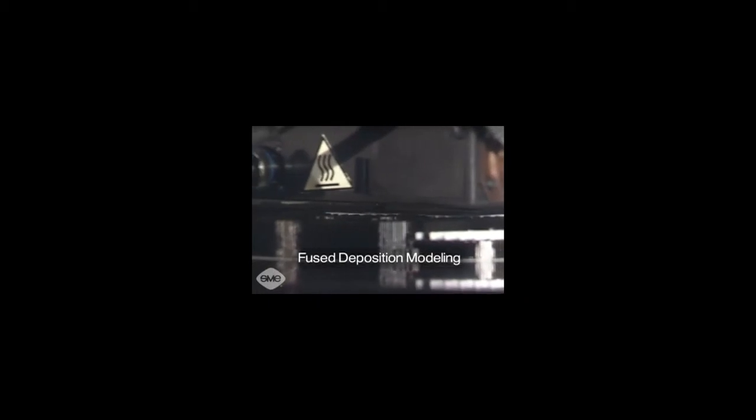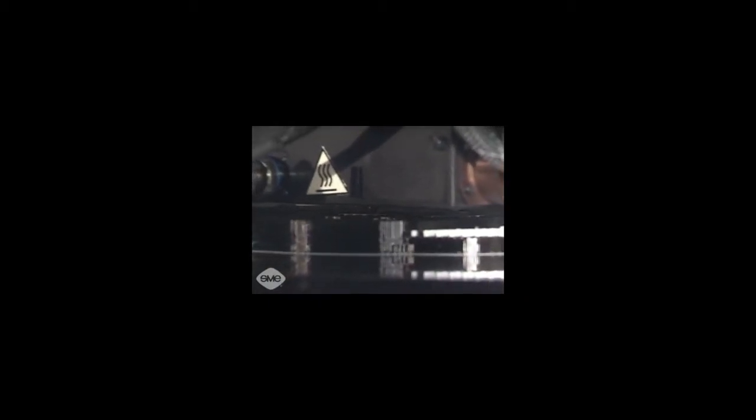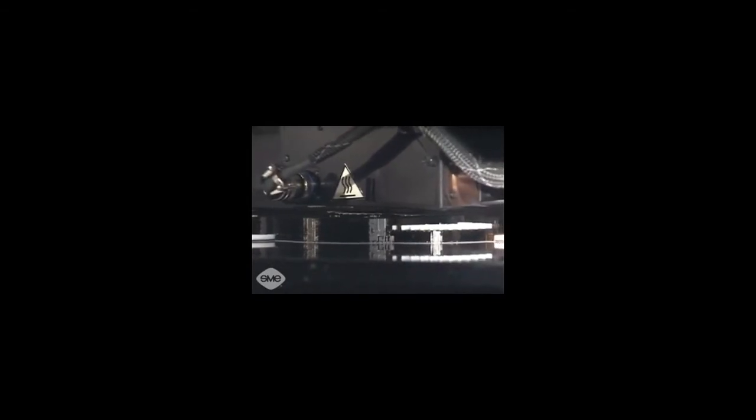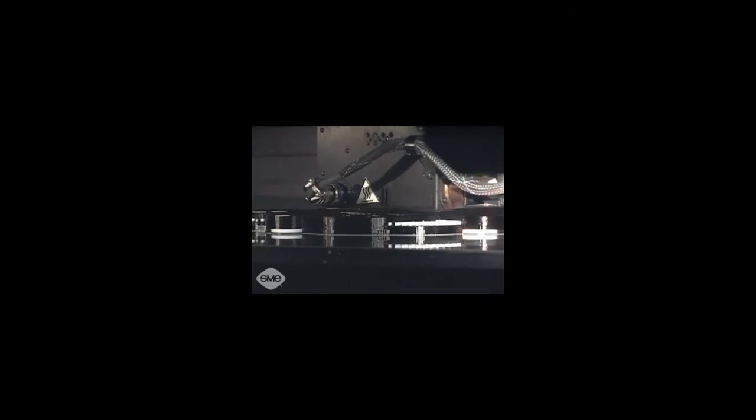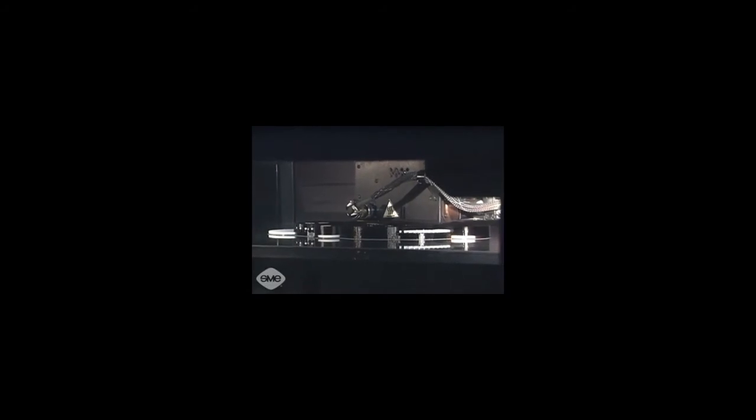Fused deposition modeling involves feeding a thermoplastic filament into a heated extrusion head that moves in the X and Y axes. The heated extrusion head melts and deposits the thermoplastic material on a table that moves in the Z axis, building the model.